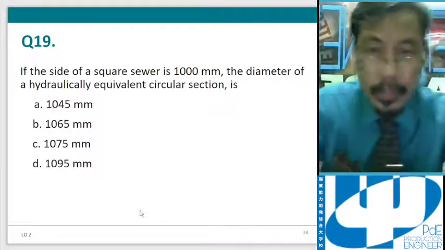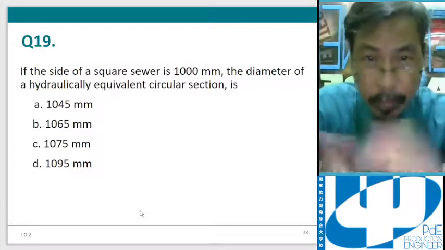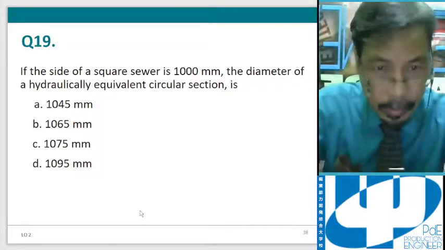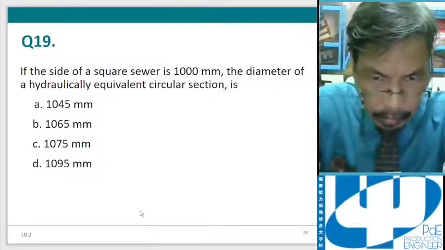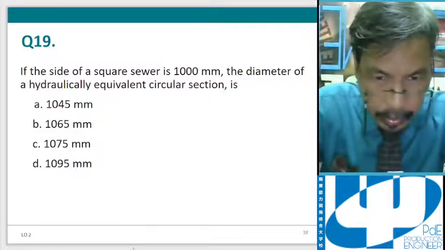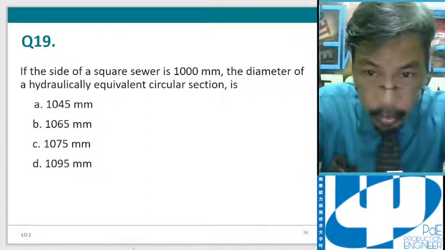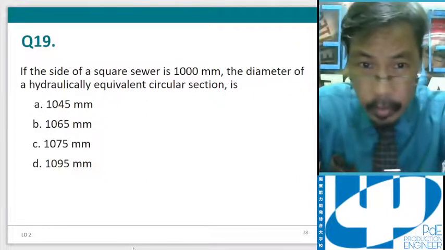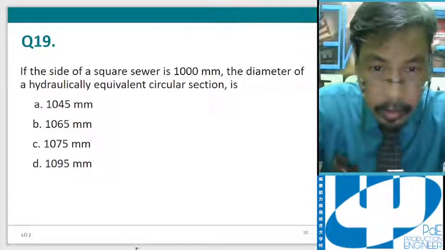So hydraulic diameter, just use the formula of hydraulic diameter. You can get the answer. So let us estimate the answer. This is 1.1. So about letter D.